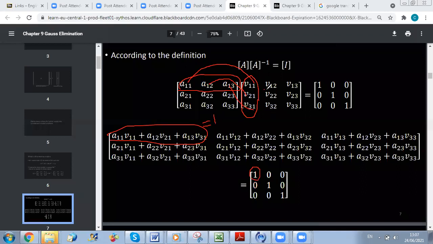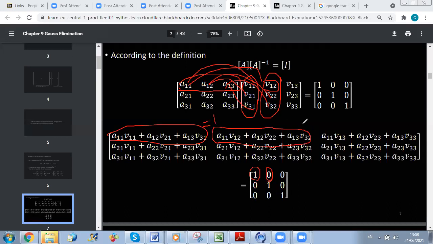The second element will be obtained by multiplying the first row element with the second column element. So I will get A11 times B12 plus A12 times B22 plus A13 times B32 equals 0. This element should be equal to 0.